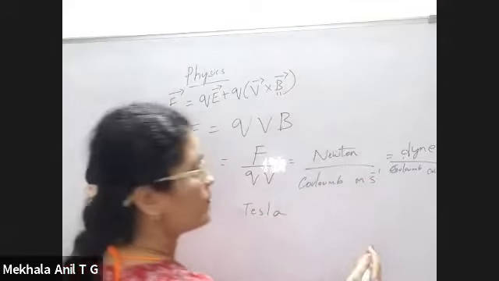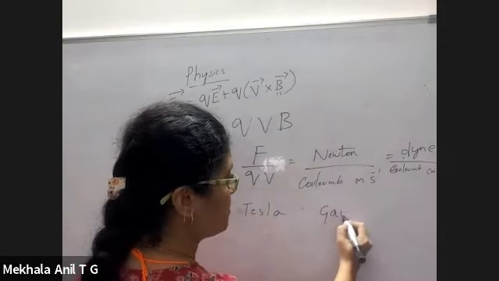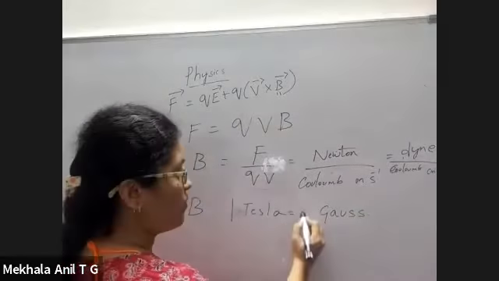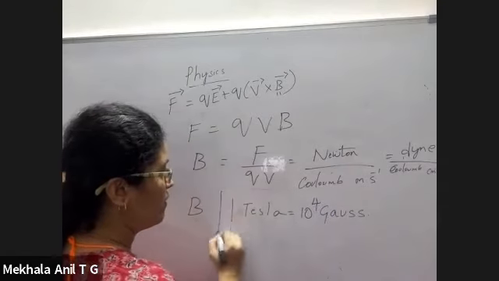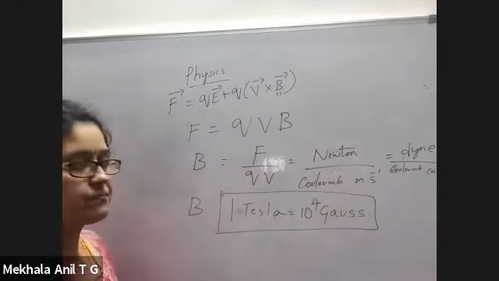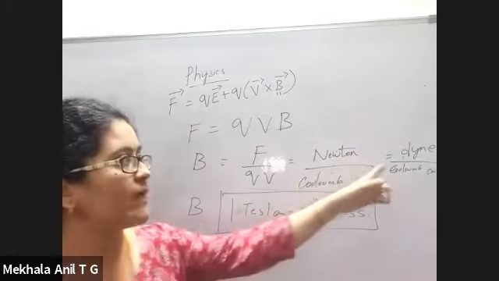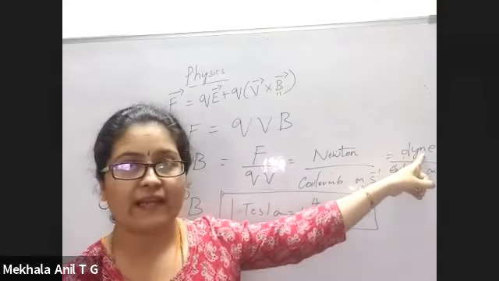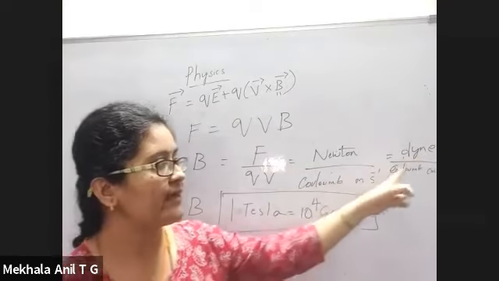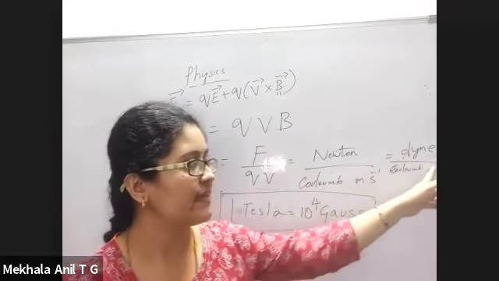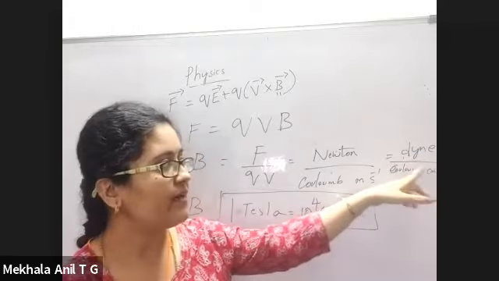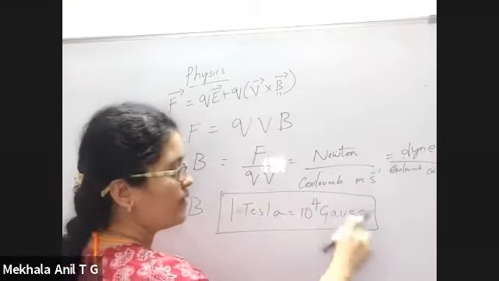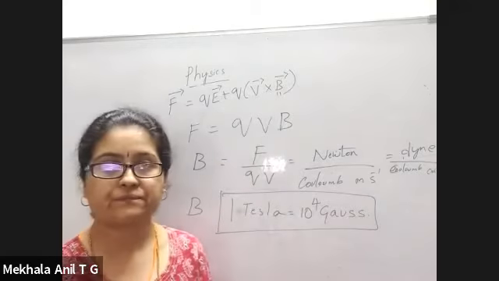In CGS unit, it is the Gauss. And 1 Tesla is equal to 10 power 4 Gauss. How did you get this? Because 1 Newton is 10 power 5 dyne, and the coulomb is 1 by 10 in abcoulomb, and meter to centimeter per second is 1 over 100. Together this constitutes 10 power 4. Therefore, 1 Tesla is equal to 10 power 4 Gauss.